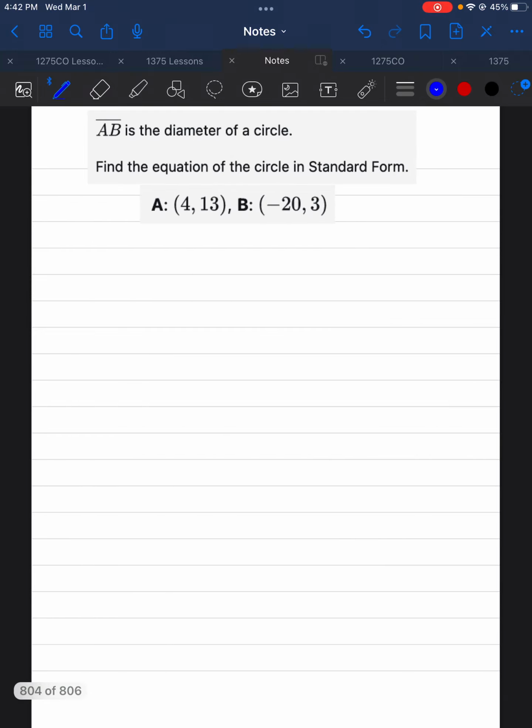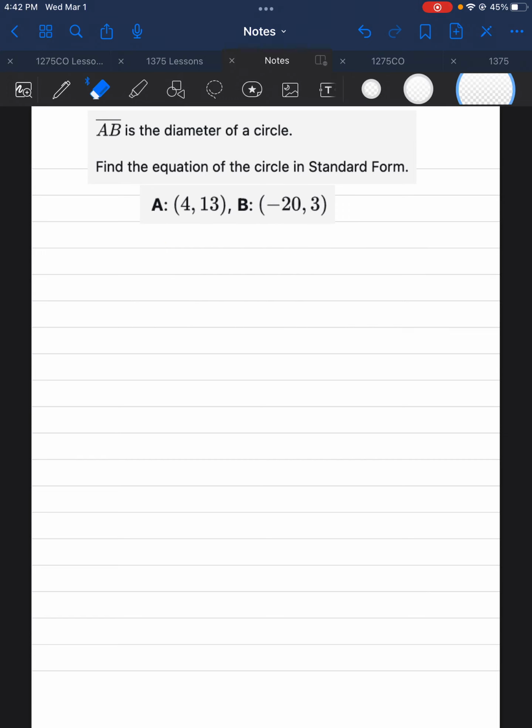Now remember, in order to write the equation of a circle in standard form, that equation has to be x minus h to the second plus y minus k to the second equals r to the second, which means the only things we need to know is the location of the center as an ordered pair and the size of the radius of the circle in order to complete this problem.